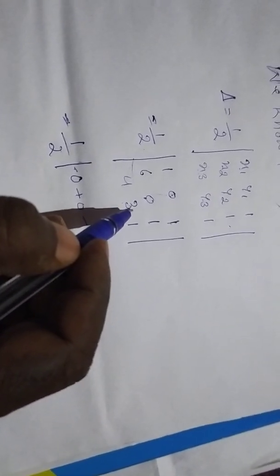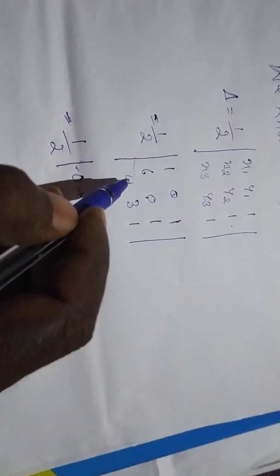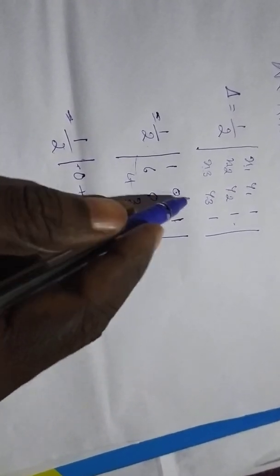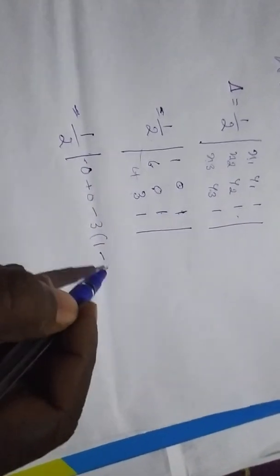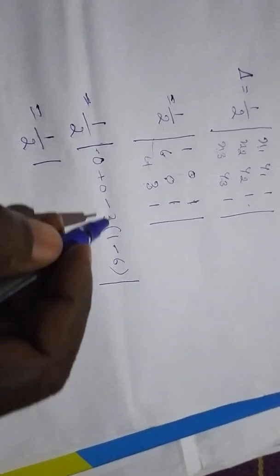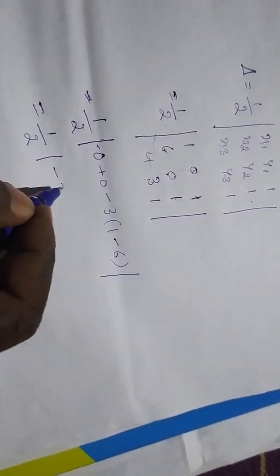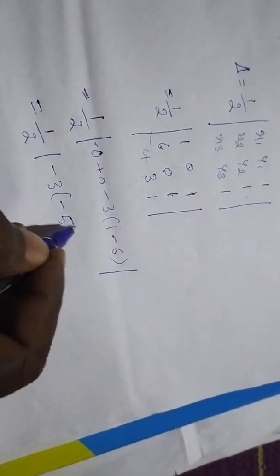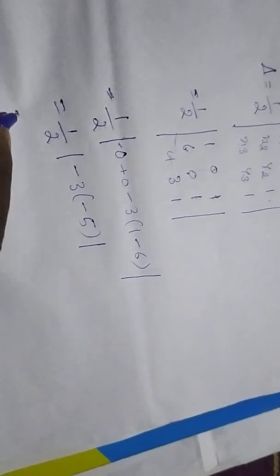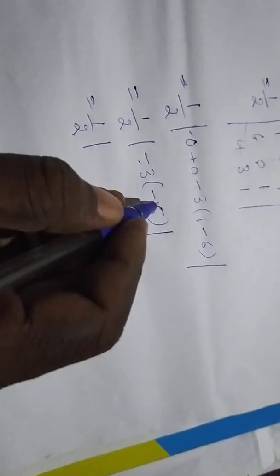After deleting the elements in the row and column in which 3 exists, the remaining things are 1 into 1 minus 1 into 6, that is 1 minus 6. This equals 1 by 2 into mod of 0 minus 3 into minus 5, which is 1 by 2 into mod of minus 3 into minus 5, minus into minus is plus, that is 3 into 5, 15.